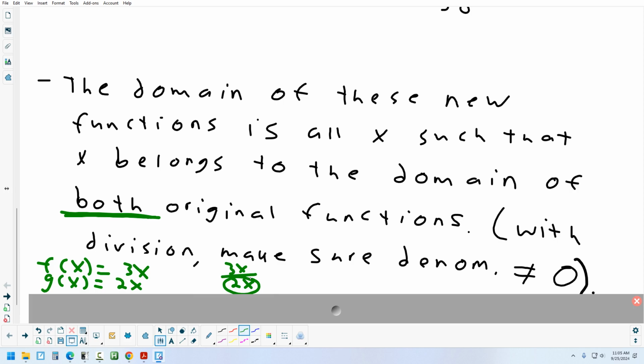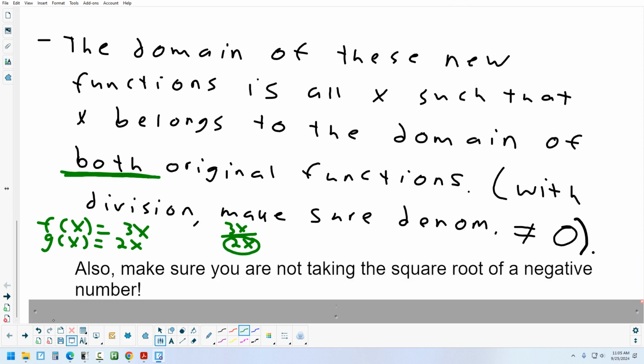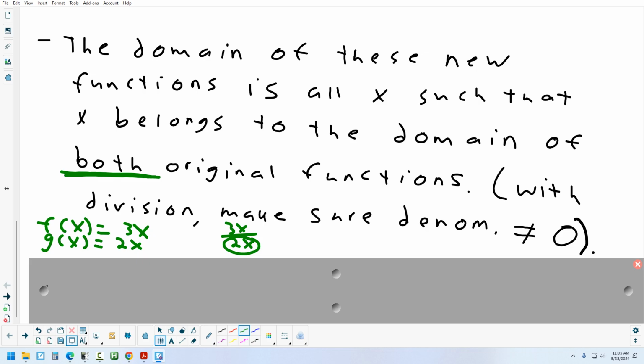All right, so we'll practice a few more of those and just kind of get a feel for how to find domain. Okay, so while we talked about that, can't divide by 0, what's the other thing that we have to watch out for? We're not allowed to do something else.